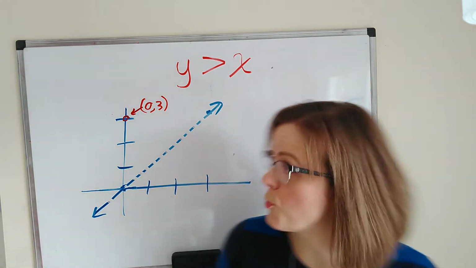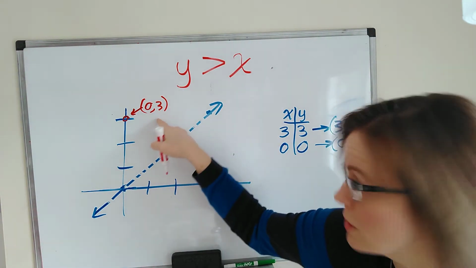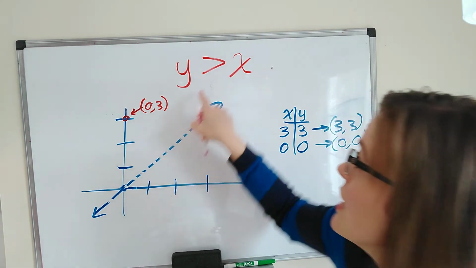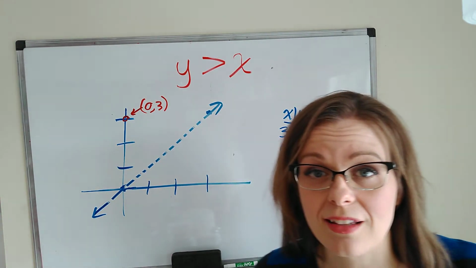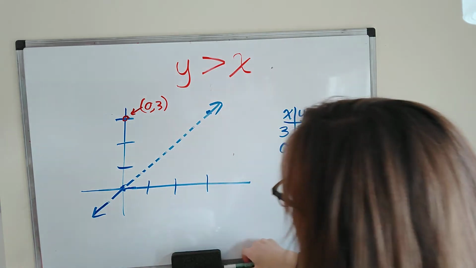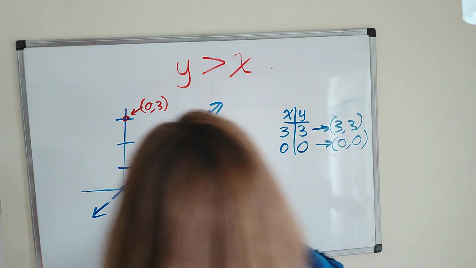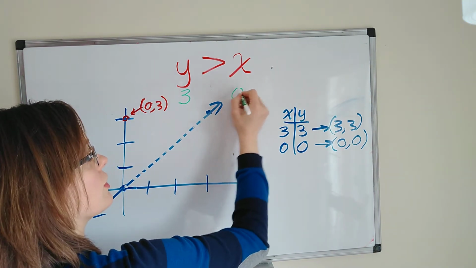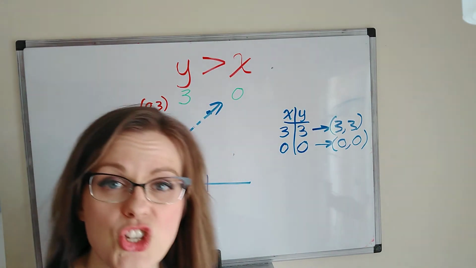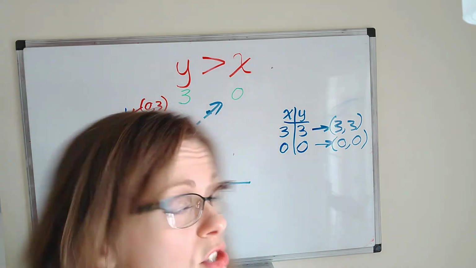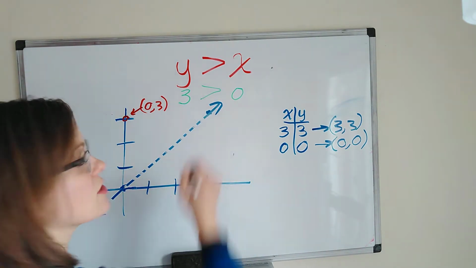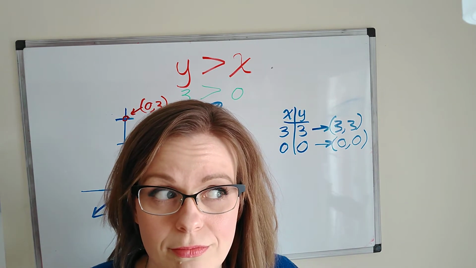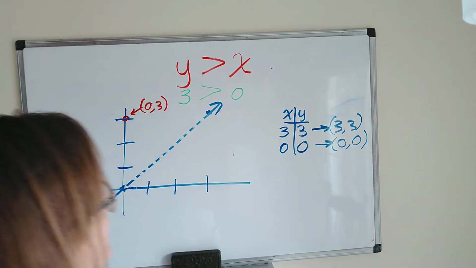Now, with the test point, you take x is equal to 0, you take y is equal to 3, and you plug it into this inequality. All right? So if I were to do that, I would have 3 over here, I would have 0 over here, and I would want to check whether or not my statement is true. So is it true that 3 is greater than 0? Yeah, absolutely it is.